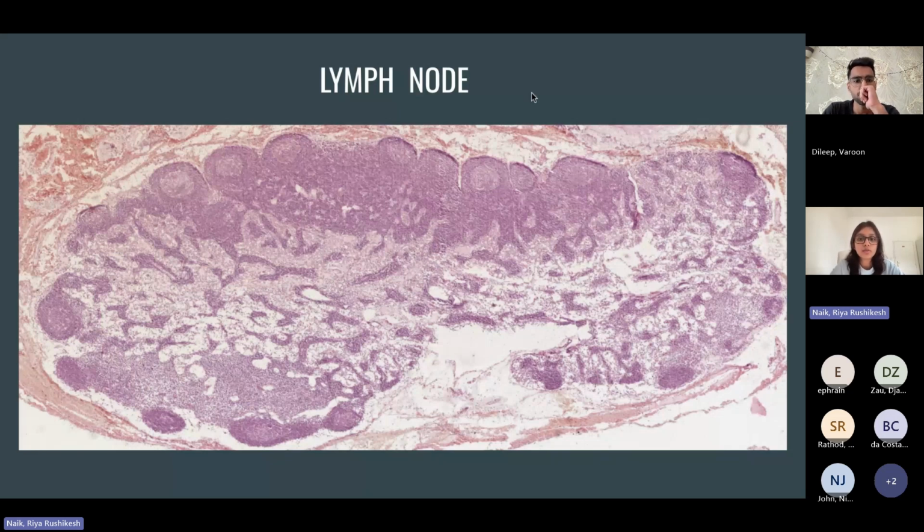The function of the lymph node is to filter all the lymph, and the lymph also carries a bunch of antigens which are in our bloodstream, so the lymph node has the first contact with all of these antigens. So it also has an immune system function.